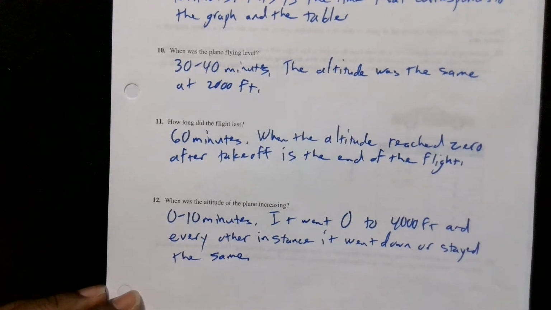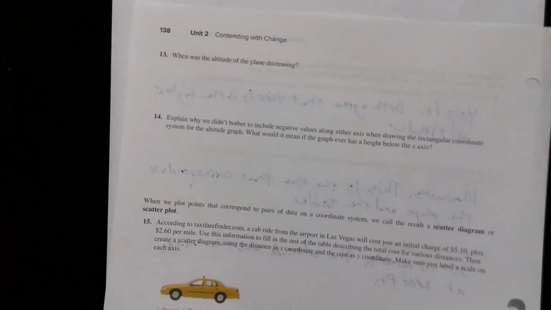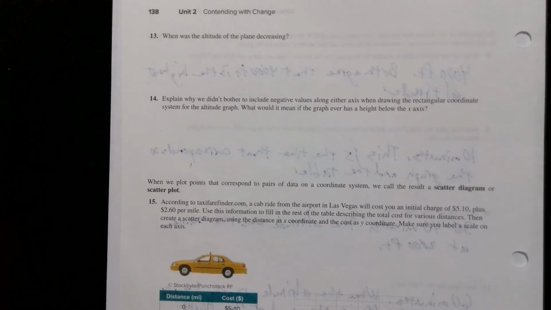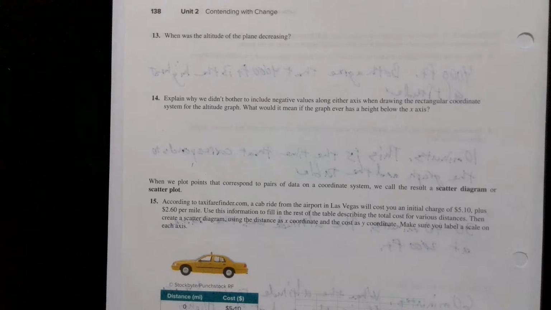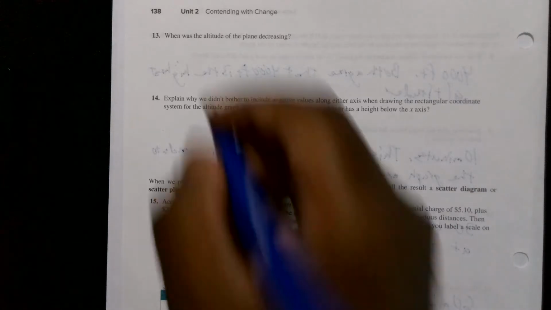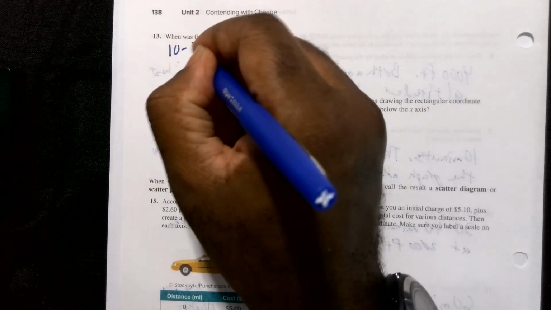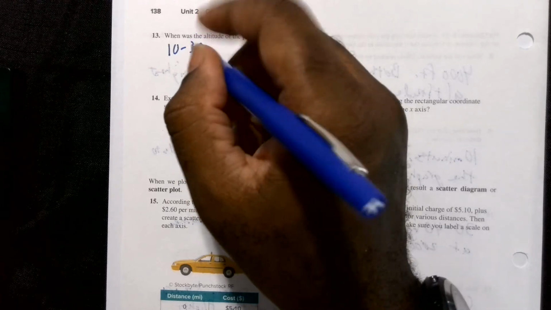Okay, now we move on to the next page, to problem 13. It says, when was the altitude of the plane decreasing? It decreased from 10 to 30 minutes.